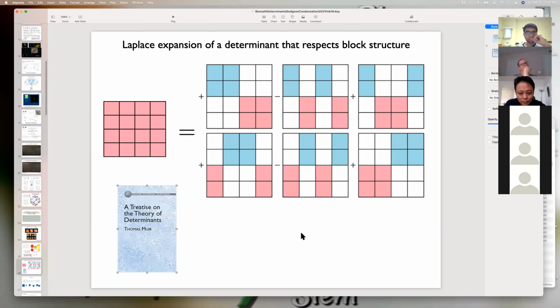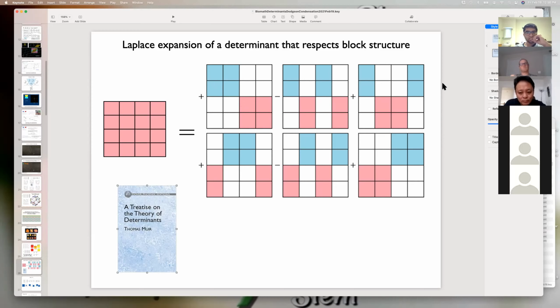I don't know how many of you have seen this, but basically this is saying that the determinant of this 4x4 matrix is the determinant of this 2x2 submatrix times the determinant of this 2x2 submatrix, and so on.